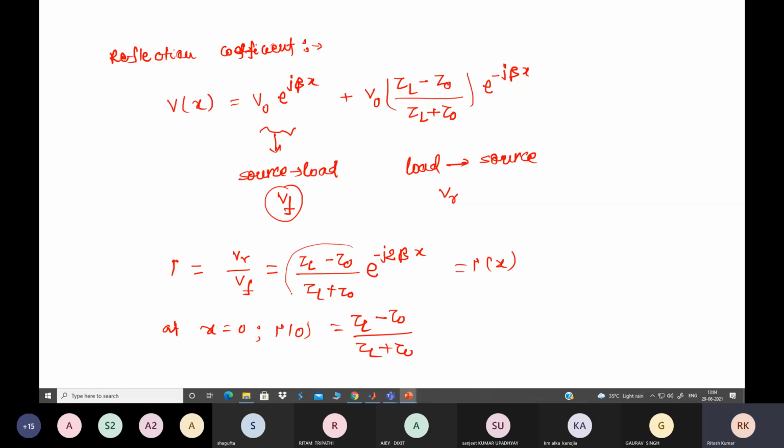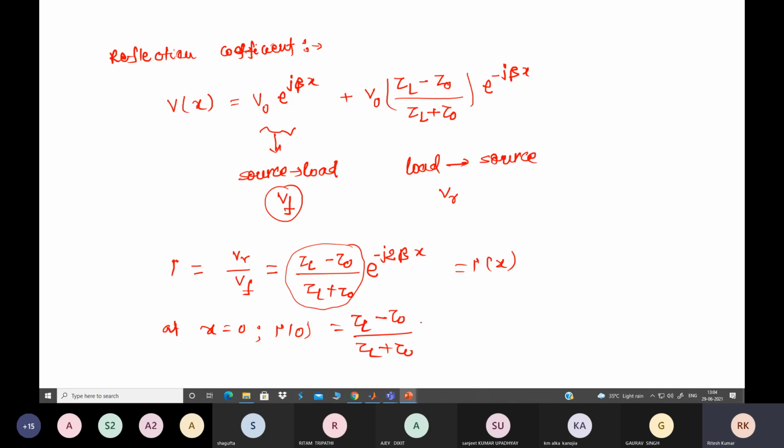This is our magnitude and this is our phase change. In the lossy case, we can have a non-zero value here, and due to that e to the power minus j beta x, we have a variable phase shift in the reflected wave.